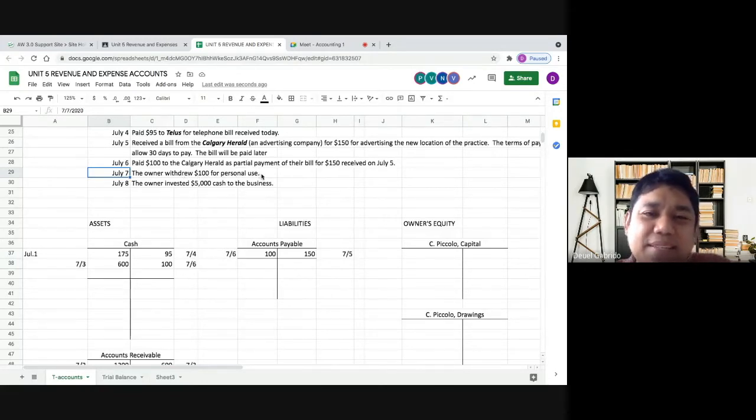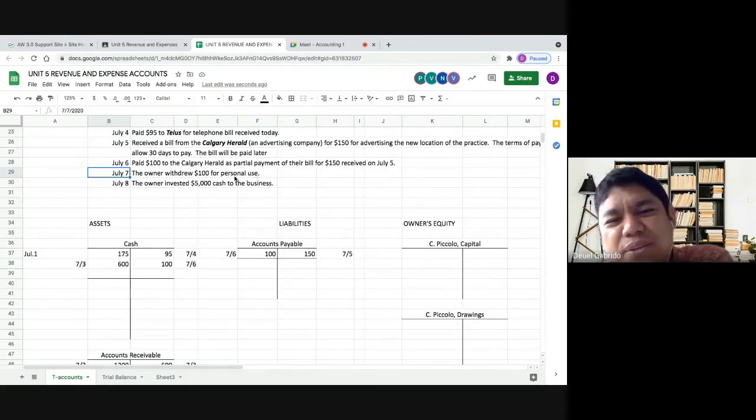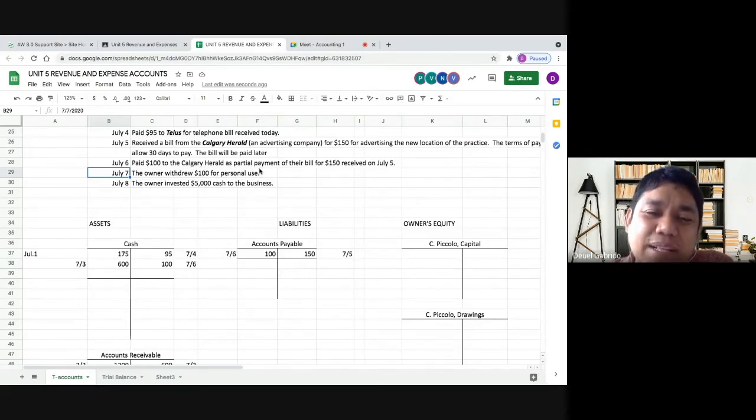Sometimes, guys, they will put a note about where the owner will use it, because he will be purchasing, let's say, a very nice equipment. Do we have to know where the owner will use this? Sometimes the answer is no, because it's none of our business.